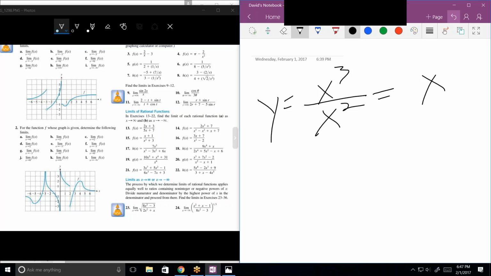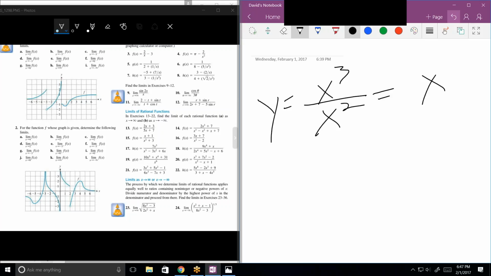Oh yeah, it's a graph where the right goes up and the left goes down. Right. So here's the one that's different. What happens as x goes to negative infinity? Y goes to negative infinity as well. So there's the first one we've seen that has a different answer for positive infinity as opposed to negative infinity.